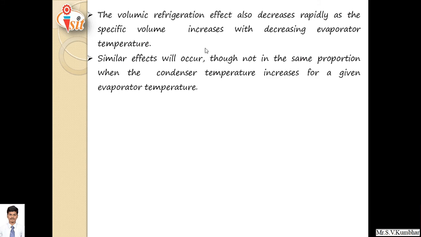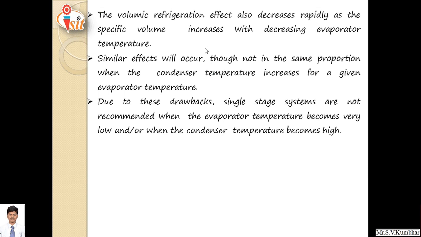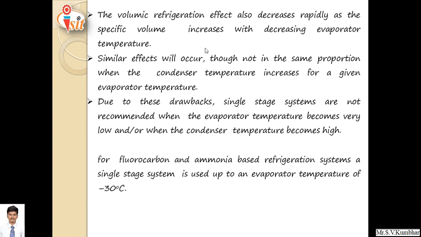Similarly, the effect will be in the same proportion when the condenser temperature increases for a given evaporative temperature, and due to this drawback a single stage refrigeration system is not recommended when the evaporative temperature becomes very low or when the condenser temperature becomes very high.